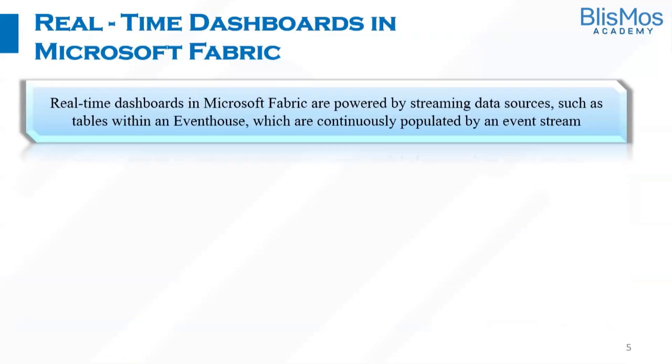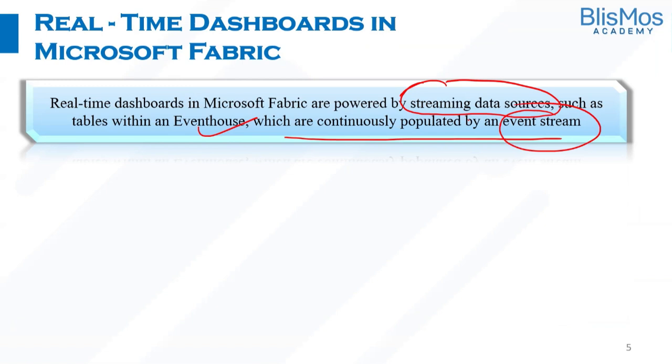In the case of Fabric, real-time dashboards are powered by streaming data sources such as event house, which are continuously populated by the event stream. For a real-time dashboard, the data comes from the event house because the event house stores the transformed or updated data.